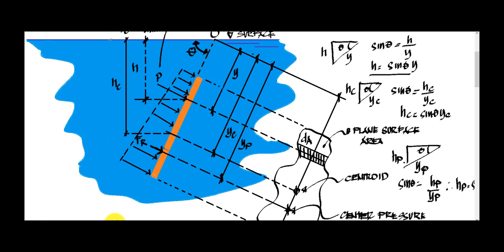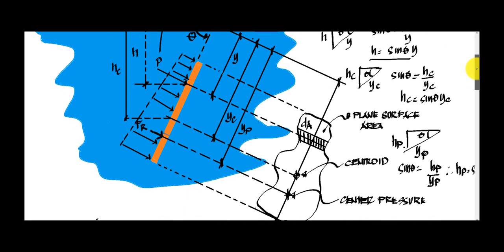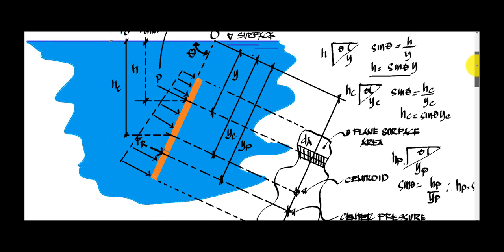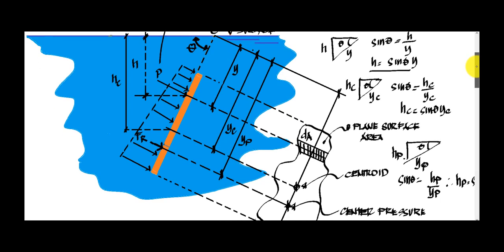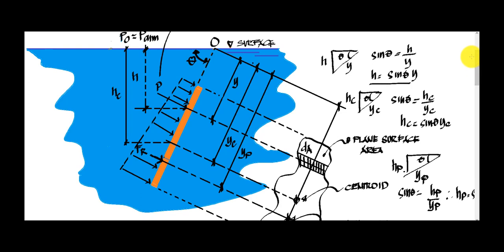So this is the vertical distance from the center of pressure acting here going to the top surface of the water. So this will be the location of the center of pressure. This will now be our HP.